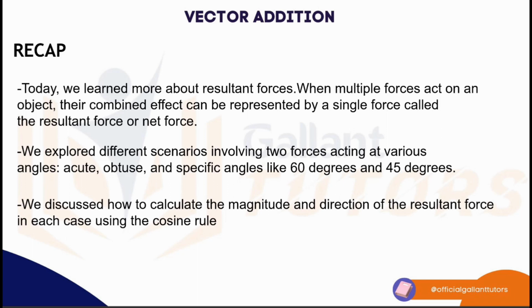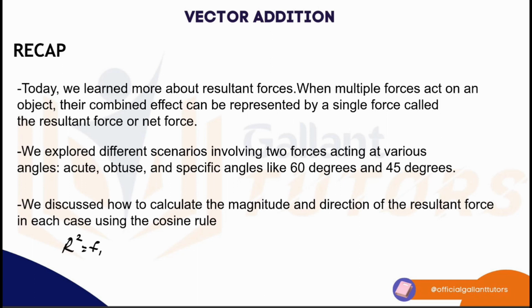We treated several questions involving two forces acting at various angles, acute and obtuse, and specific angles like 120 degree, 20 degree, 60 degrees, 45 degrees. We discussed how to calculate the magnitude and direction of the resultant force in each case.